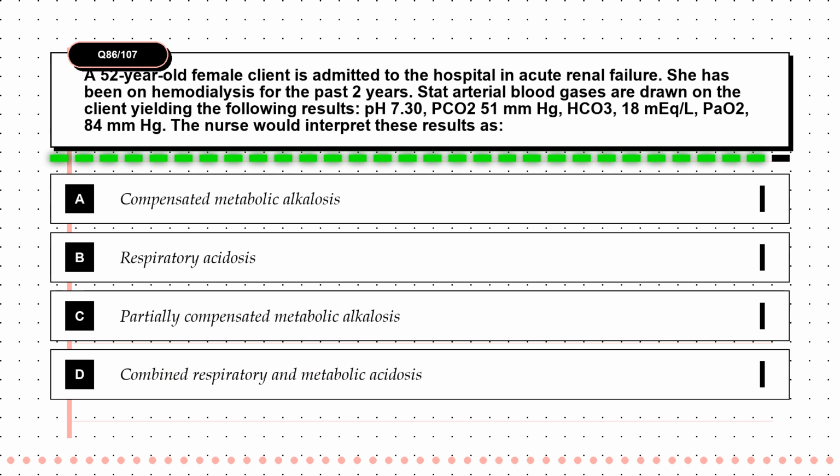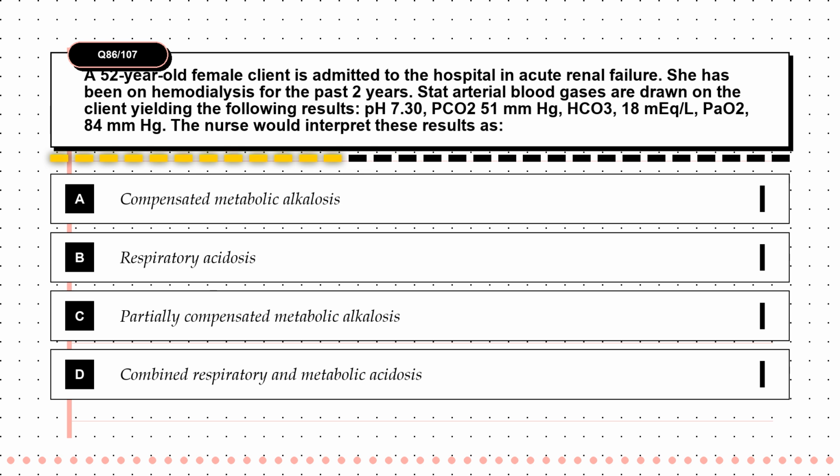Question 86. A 52-year-old female client is admitted to the hospital in acute renal failure. She has been on hemodialysis for the past 2 years. Stat arterial blood gases are drawn on the client yielding the following results: pH 7.30, PCO2 51 mmHg, HCO3 18 mEq/L, PaO2 84 mmHg.